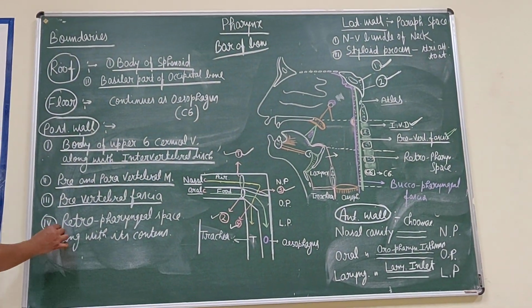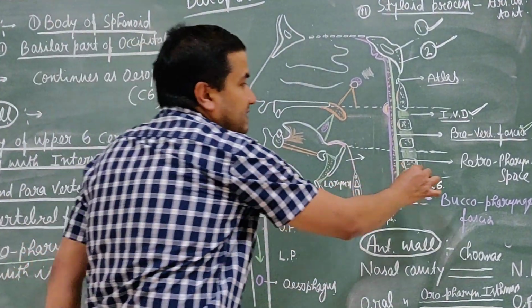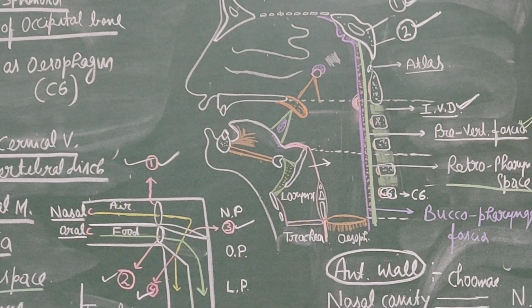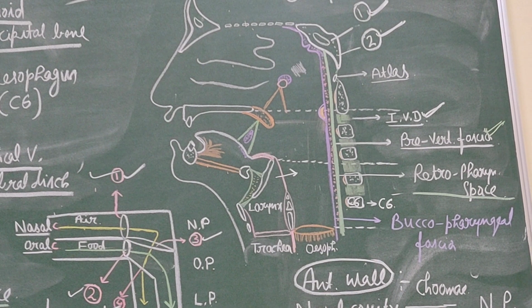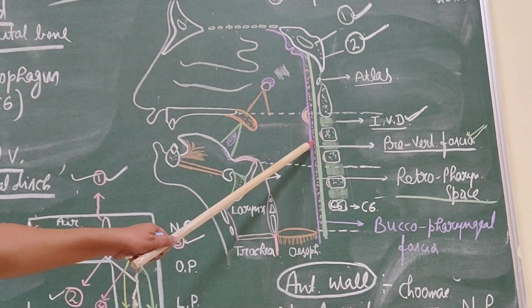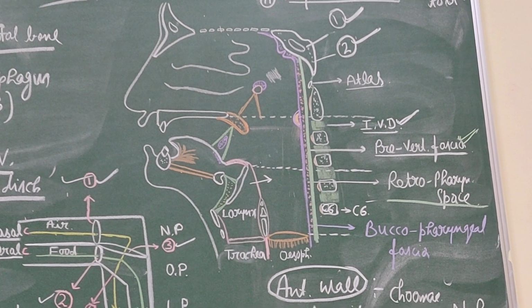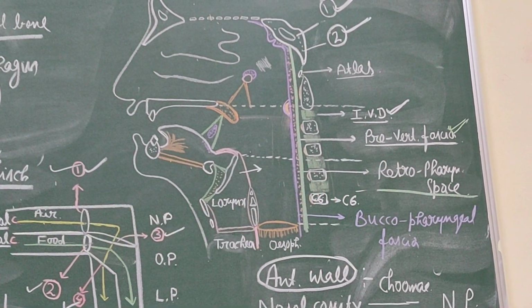Now there is a retropharyngeal space. This is the space behind the pharynx. Behind the pharynx, there is a dead space. This dead space is known as the retropharyngeal space.